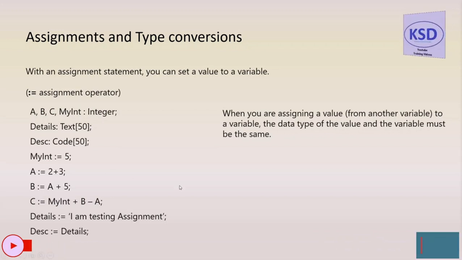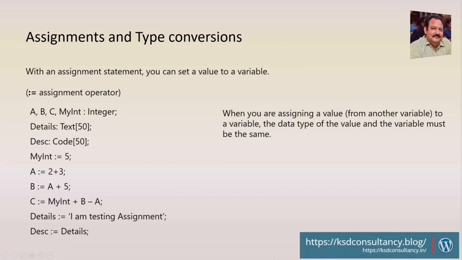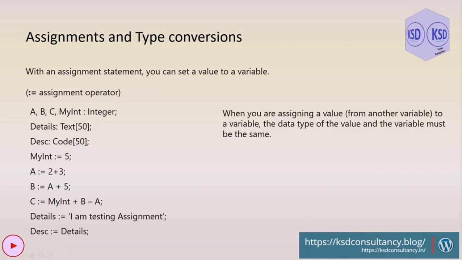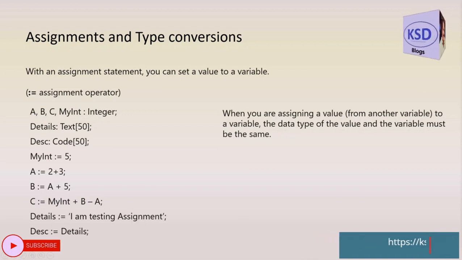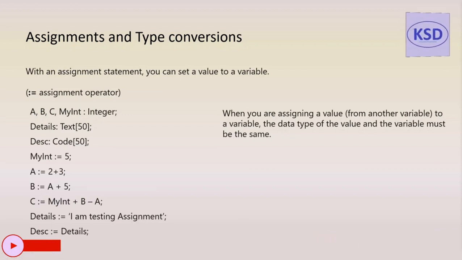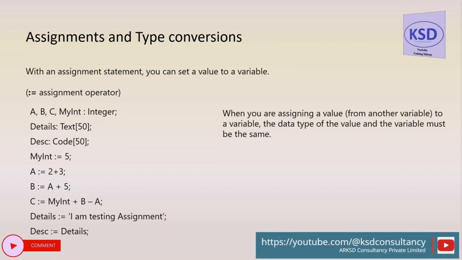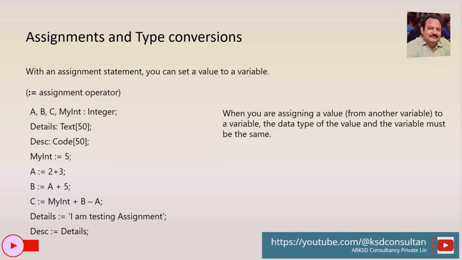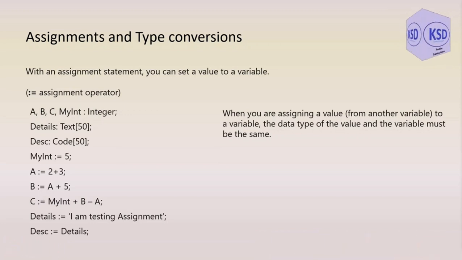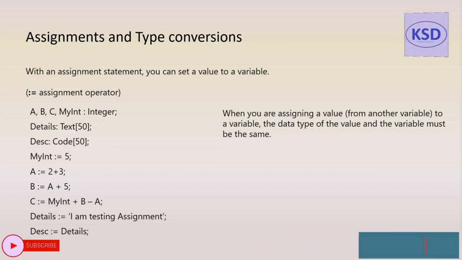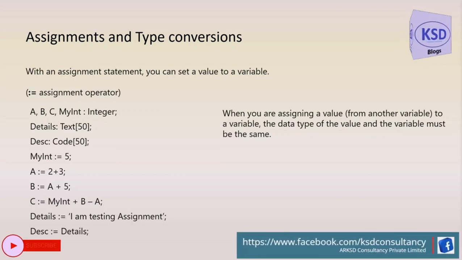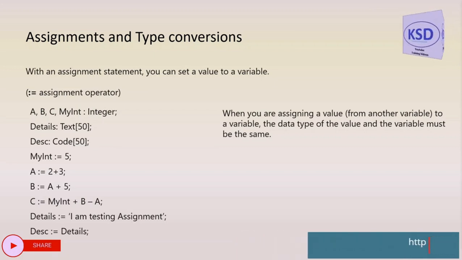The value will be lost. If you try to convert a decimal value to an integer, it must be a whole number. Like 10.5 cannot be assigned to the integer. However, 5.0 you can assign. If you try to assign 10.5, the 0.5 will be lost. When you are converting an integer to a character, the value must be between 0 and 255.